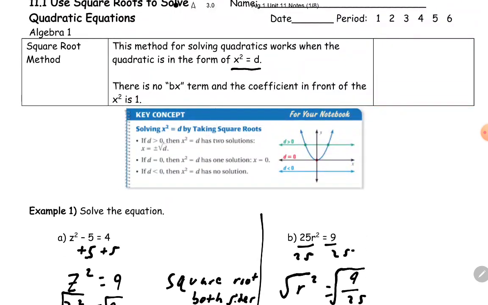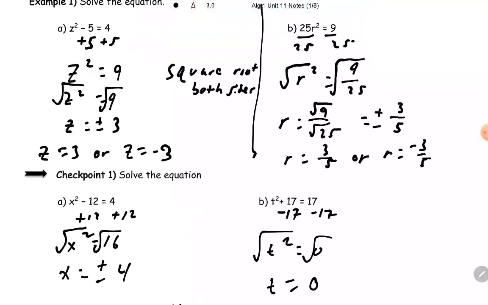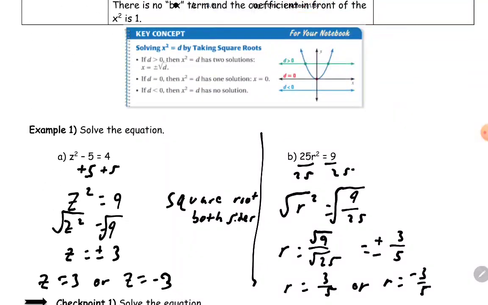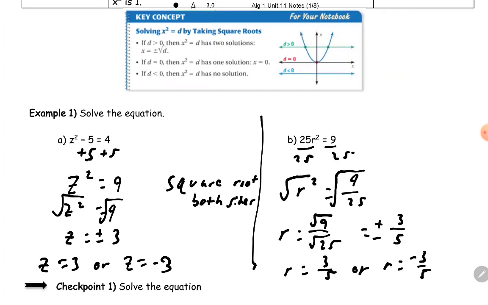So if it's positive, then there are two solutions. That's why we got plus or minus in the answer. If d equals 0, then it only has one solution, 0. And if d is less than 0, then it has no solution.